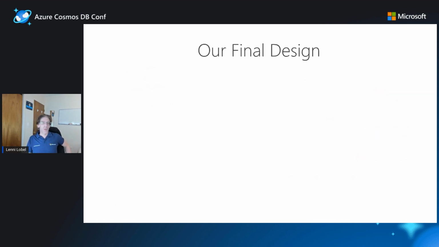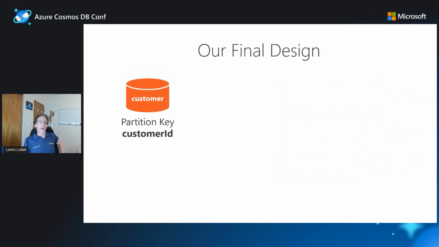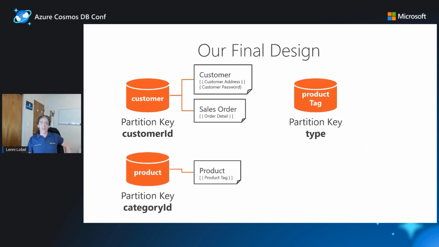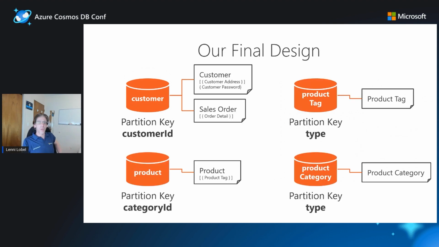So to wrap up, with 2 minutes to go, our final design: we have a database with these 4 containers, not 9 containers, 4 containers. And in the customer container, we've got 2 different types. And in the case of customer sales orders and products, we're also embedding to cut down on the number of containers. And if you've been paying attention, and I know you have, you're probably thinking to yourself, product tag and product category, they're both partitioned on type.